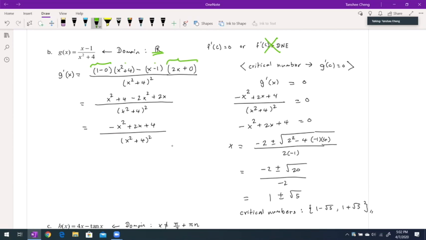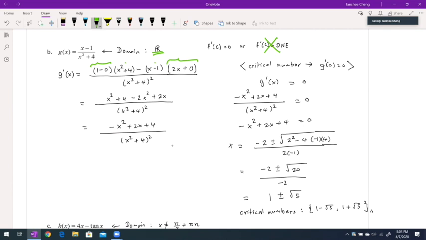Any questions before I move on from here? This is not a factorable problem, so what I do is use the quadratic formula to find the solutions of this equation, which give me, after reducing everything, 1 plus square root of 5 and 1 minus square root of 5.